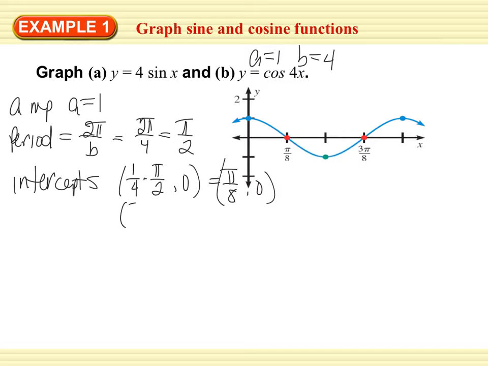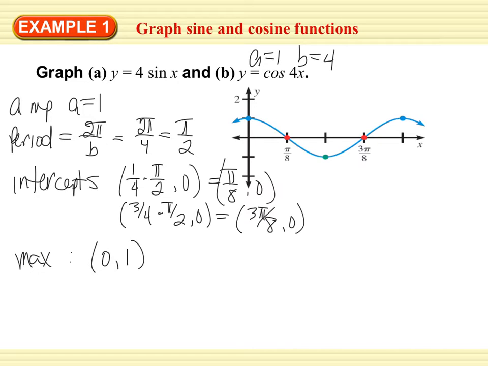The other one's going to be 3/4 of the way, comma 0, which equals 3 pi over 8, comma 0. I have a maximum at 0, comma 1, and pi over 2, comma 1. And then I have one minimum, and that's going to be halfway distance.